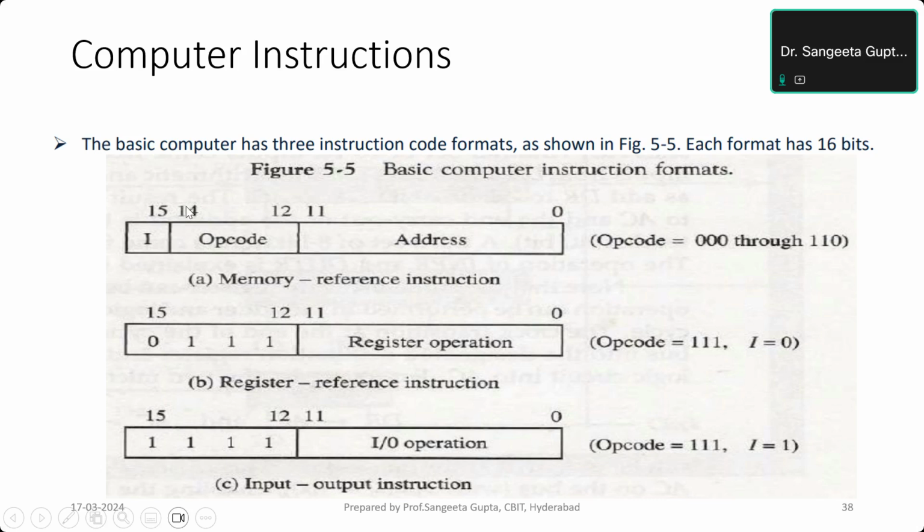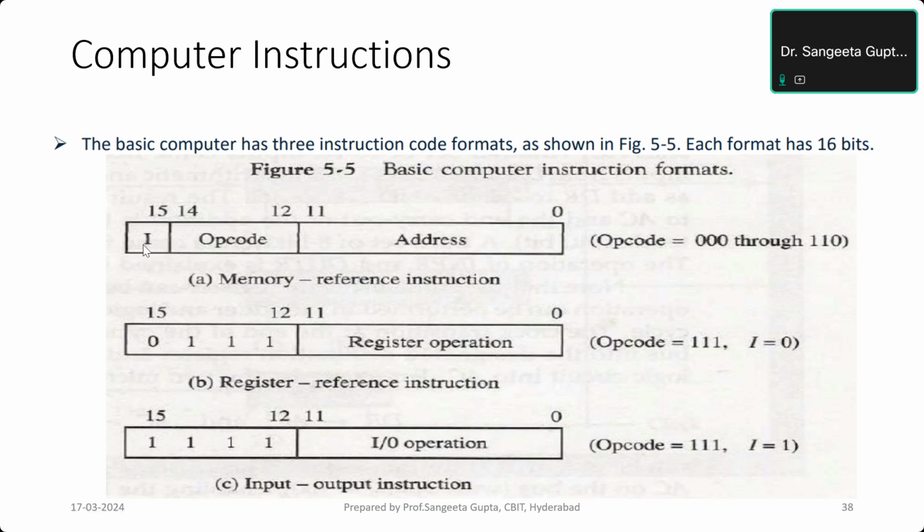Hence, the opcode bits can vary as 000, 001, 010, 011, 100, 101, and 110 with respect to different memory-based operations. The last bit is the mode bit, which represents whether there is a direct address or an indirect address.